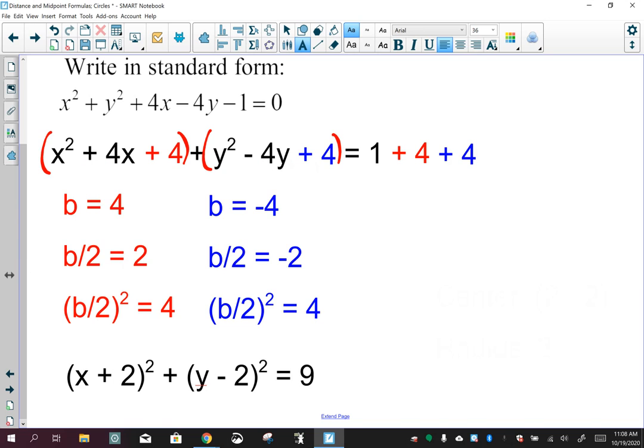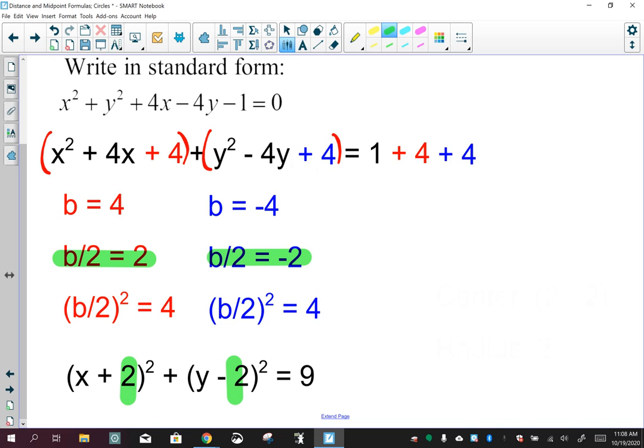Sorry about that, guys. So remember, your b divided by 2, when you put that in here, whatever this is here, that goes here. Whatever this is here, that goes here. And then I'm going to add these together, and that gives me that.